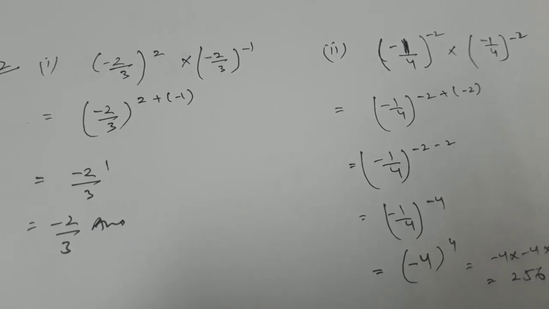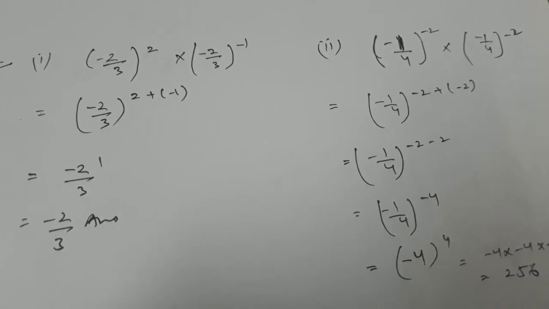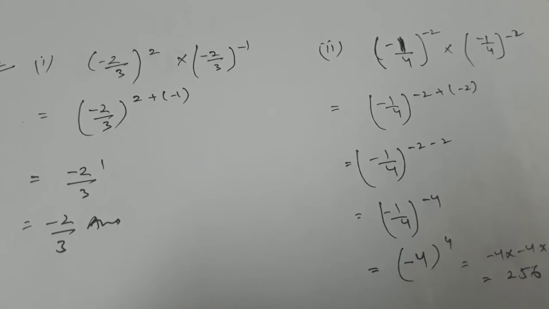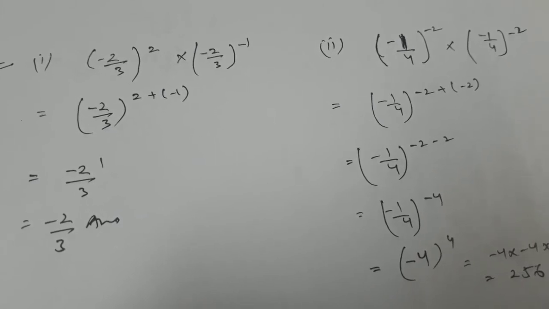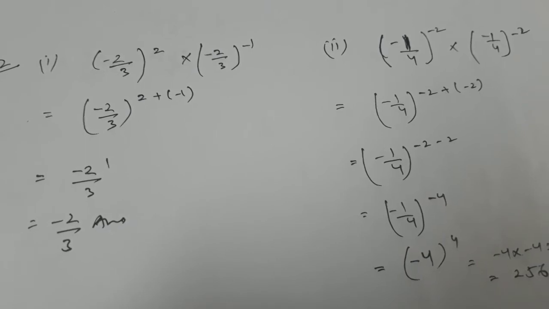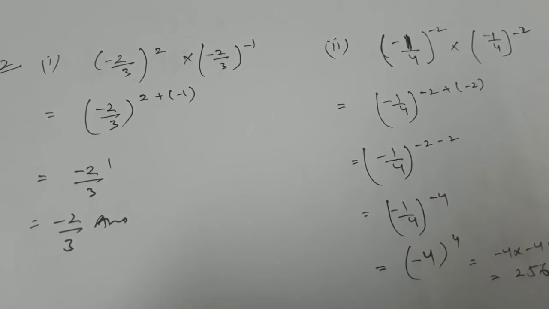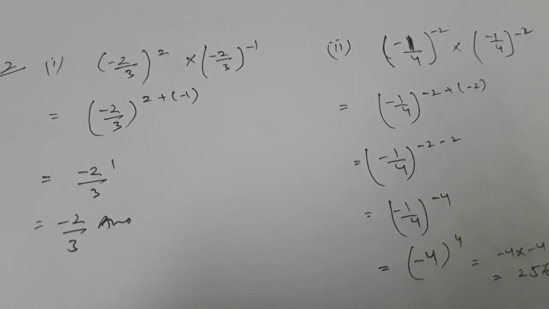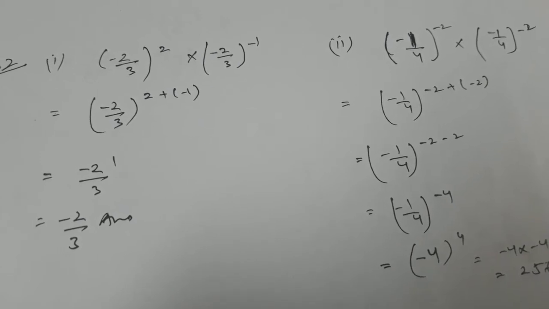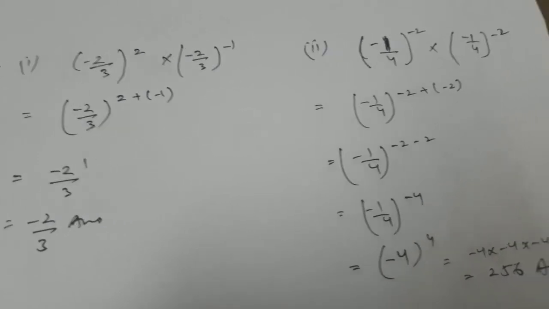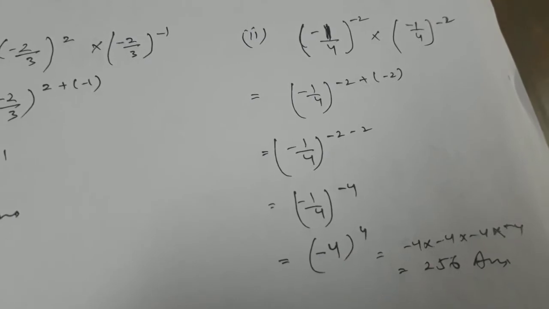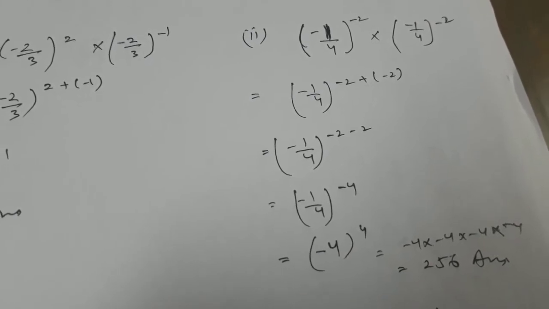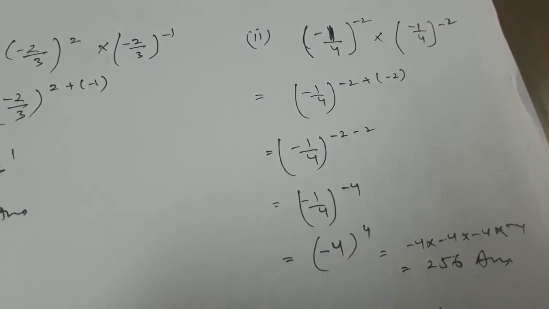So minus 2 by 3 raised to the power 2 and minus 2 by 3 raised to the power minus 1. So it will change into minus 2 by 3 raised to the power 2 plus minus 1, that is minus 2 by 3 raised to the power 1, that is minus 2 by 3. In second part, minus 1 by 4 raised to the power minus 2 into minus 1 by 4 raised to the power minus 2.